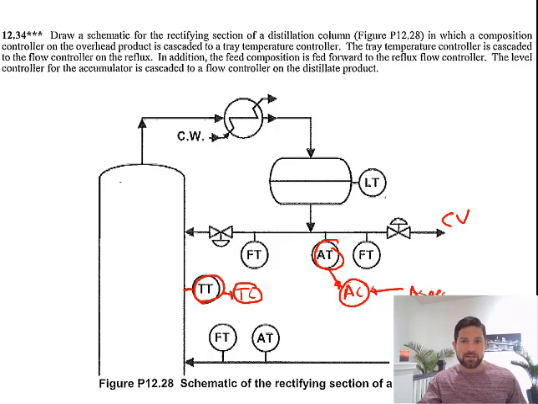The terminology, when it says the composition controller of the overhead product is cascaded to, we can interpret this as sending a remote set point. So is cascaded to means sending a remote set point.